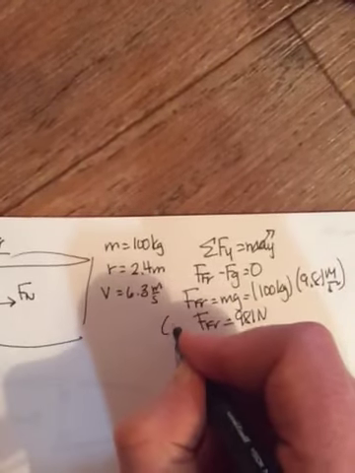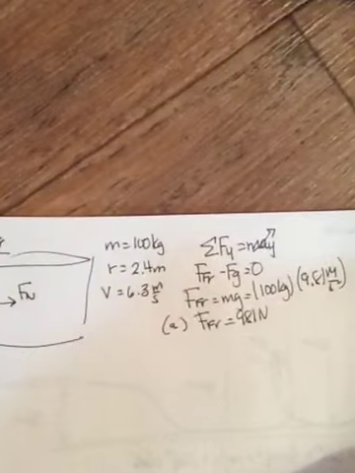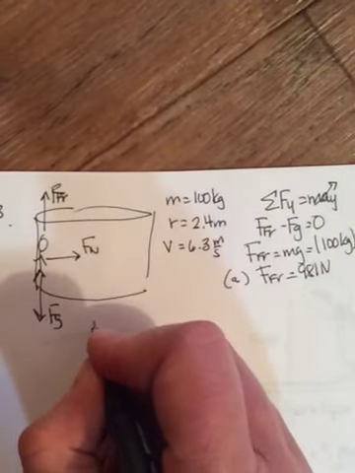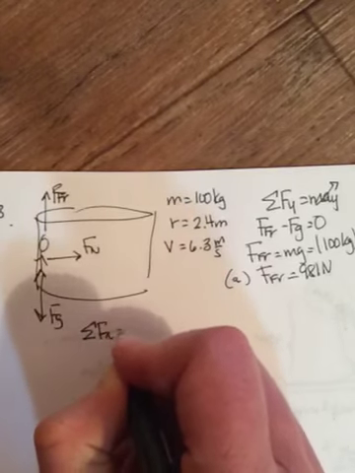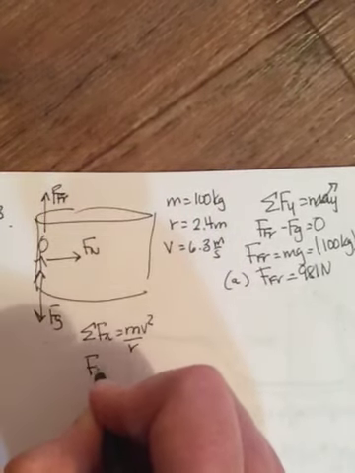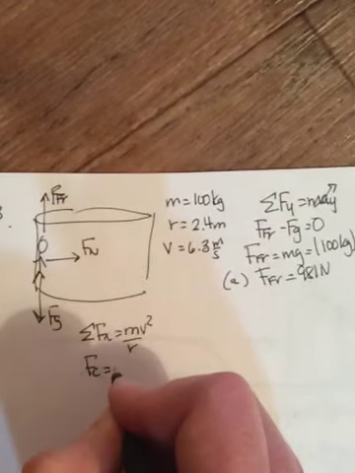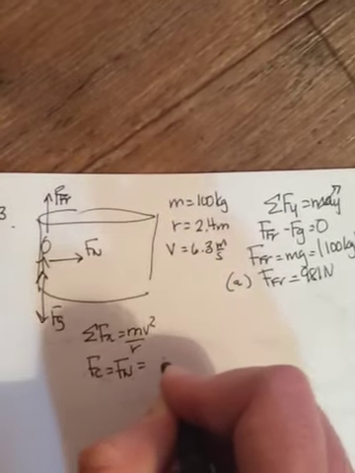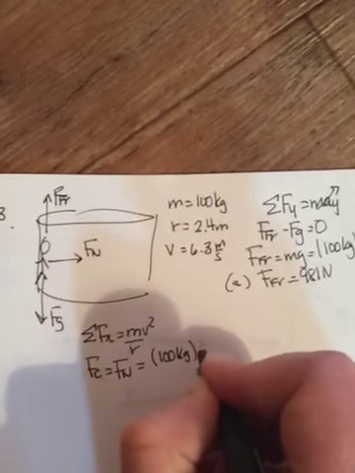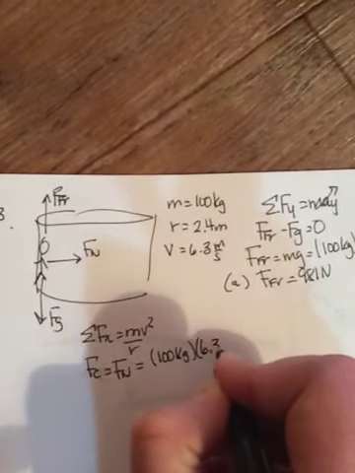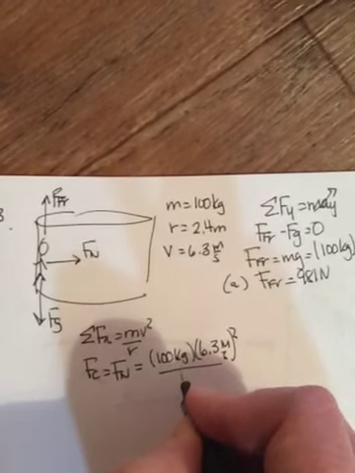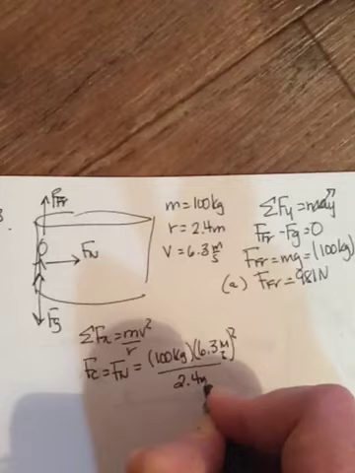That's part A. B says, what is the centripetal force? So, the sum of the forces in the x direction will equal mv squared over r. So the centripetal force, which is really Fn, is equal to m, 100 kilograms, times v, 6.3 meters per second squared, over r, 2.4 meters.